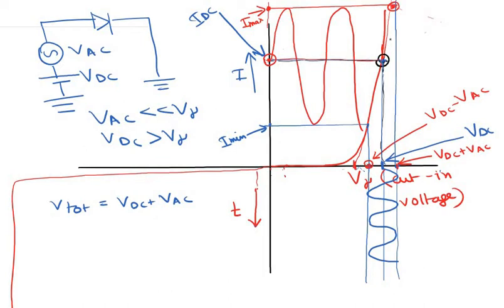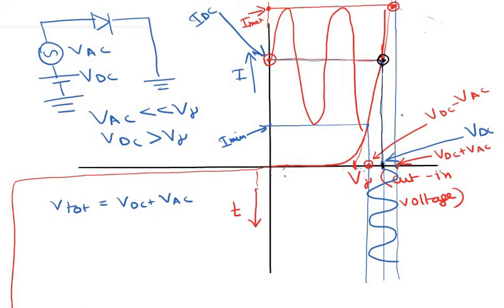I repeat again that this point over here gives me the DC point. This corresponds to the DC voltage here, which is this point on the voltage axis, and this also corresponds to the DC current here, which corresponds to this point on the current axis.